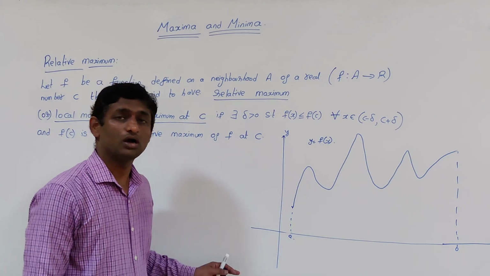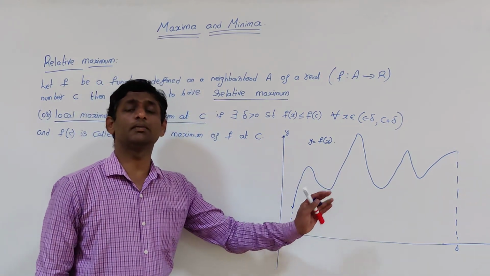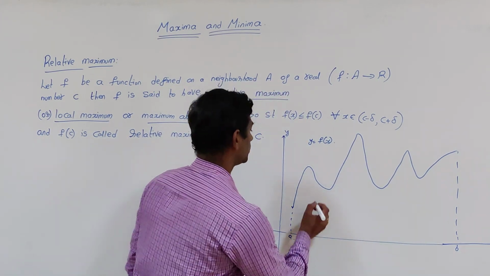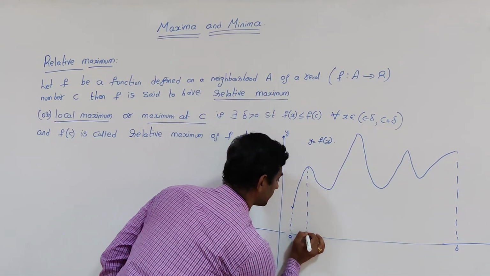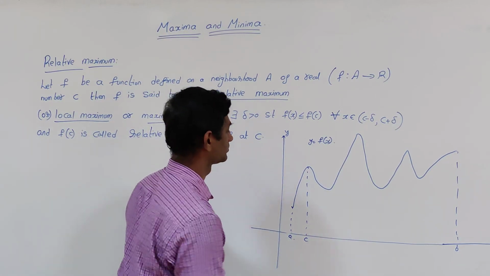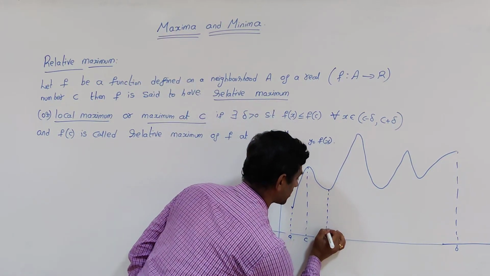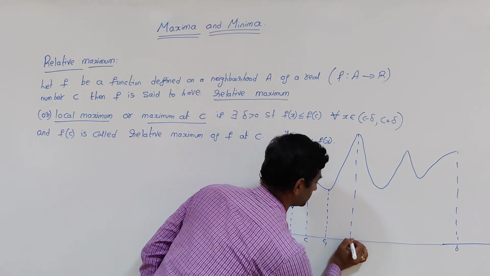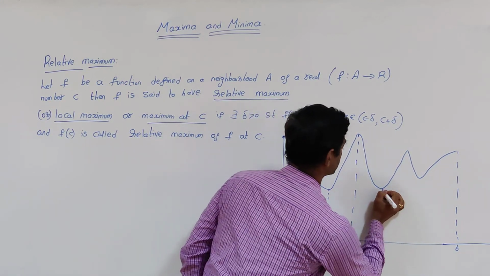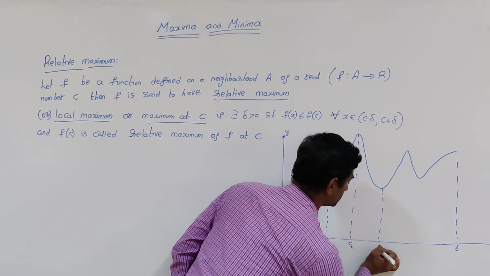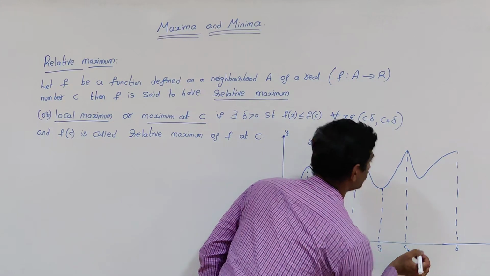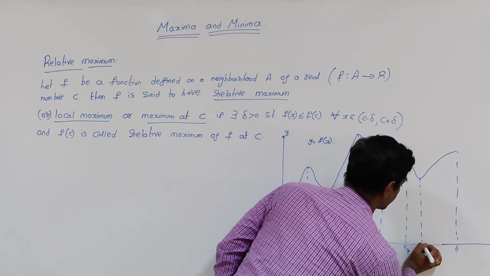And we can have an infinite number of elements in between a and b. So assume that this is C, C1, C2, C3, C4, C5.